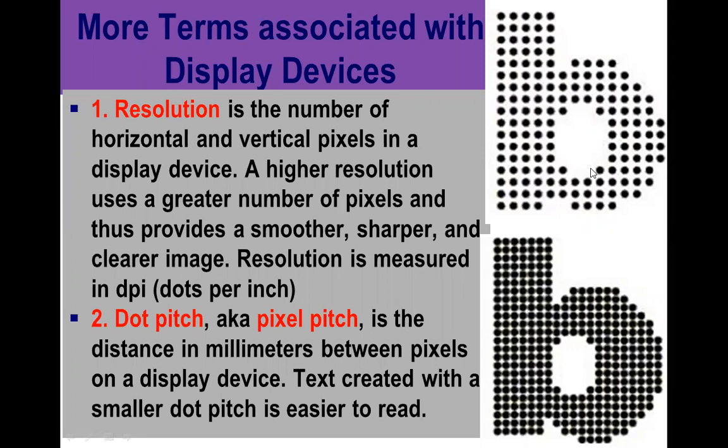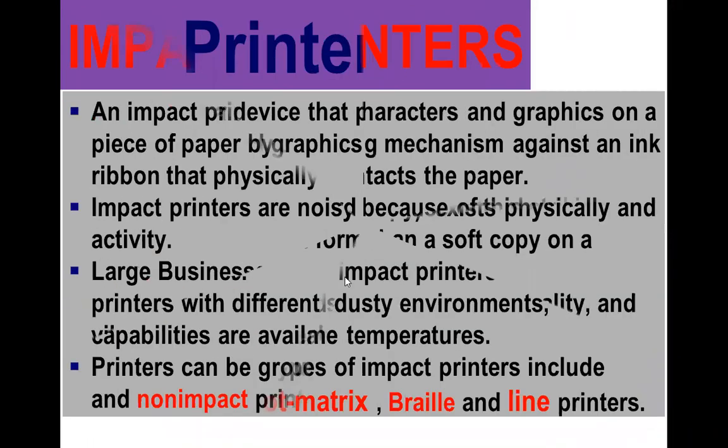Now, the pixel pitch or the dot pitch is the distance in millimeters between pixels on a display device. Text created with a smaller dot pitch is easier to read. For example, when you look at these ones, you can easily tell that this is a letter. Which letter is this? Letter B. Okay, thank you very much.